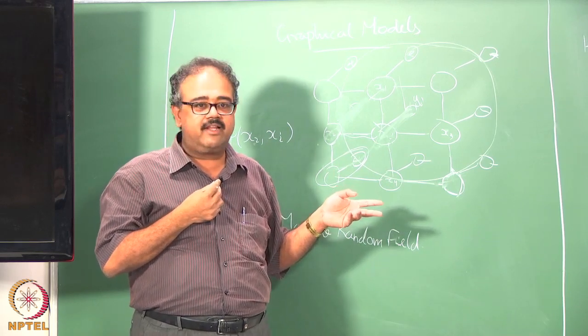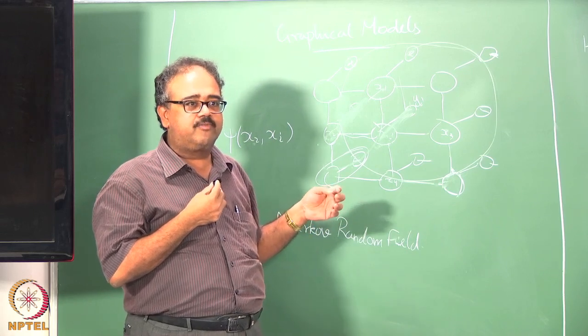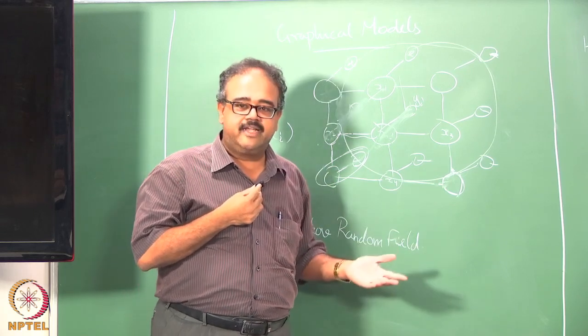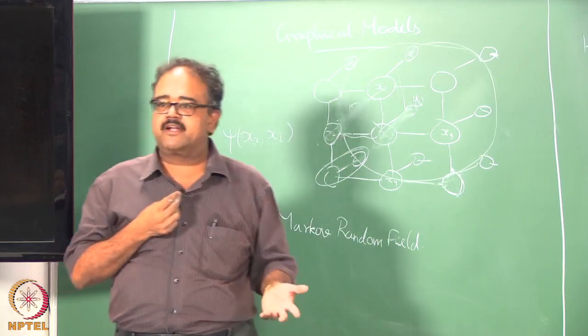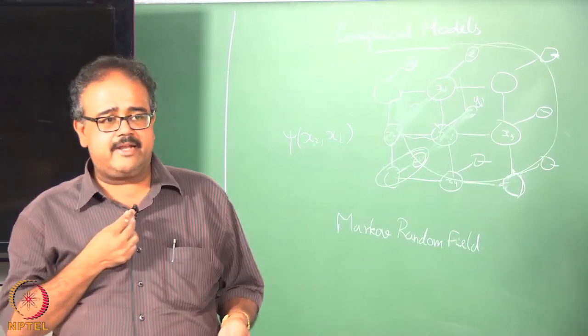That is a very large, very hard problem. So what we typically assume is that psi of xi yi is independent of i. So I am going to estimate the same model across the entire image.